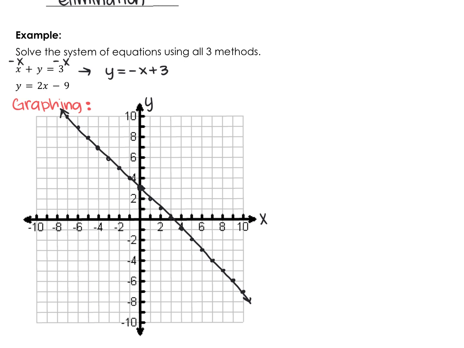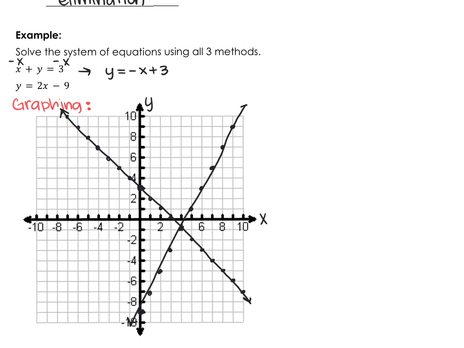So for our second equation, we have y equals 2x minus 9. So this time my y-intercept is negative 9, and my slope is a positive 2. So you go up 2, right 1. I could also go down 2, left 1, but I don't have enough room on this graph. So plot my points.